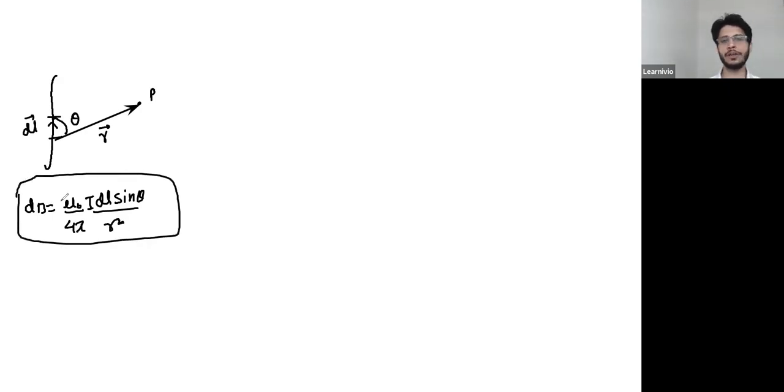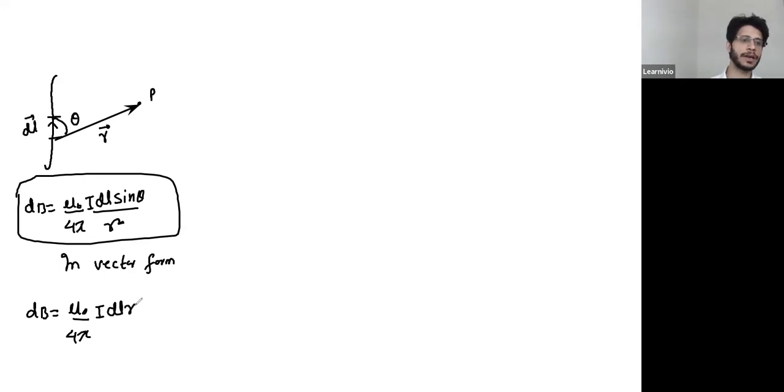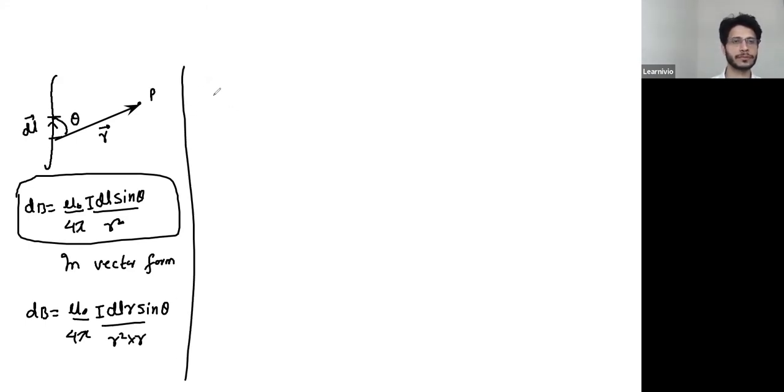Magnetic field is a vector quantity, so we can write this term in vector form. To write this in vector form, I just multiply the numerator and denominator by r. So it's I dl, multiplying with an r in the numerator and with an r in the denominator. So it's mu naught over 4 pi, I dl r sine theta over r cube.